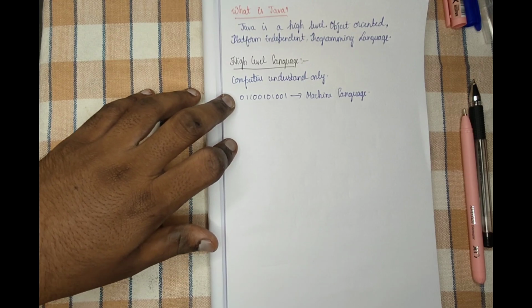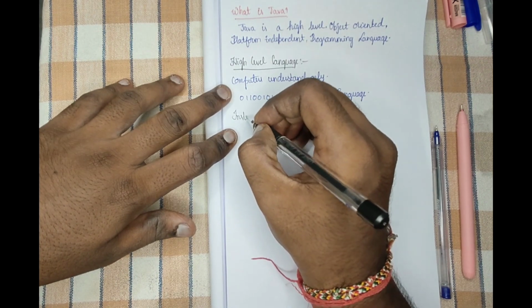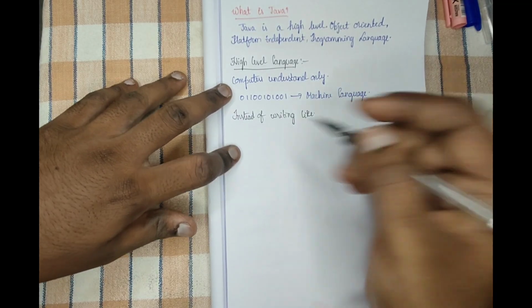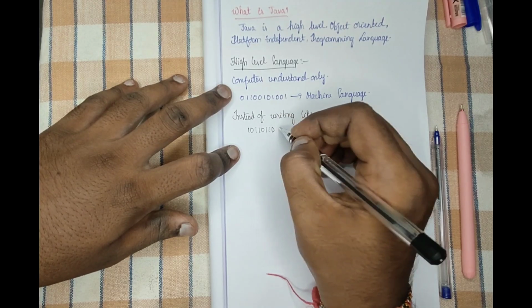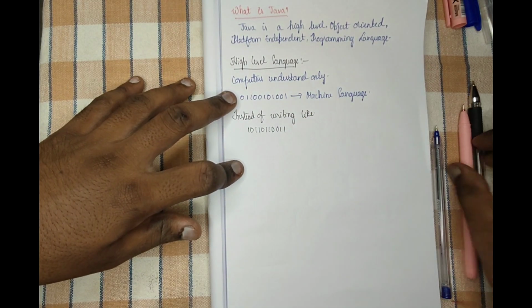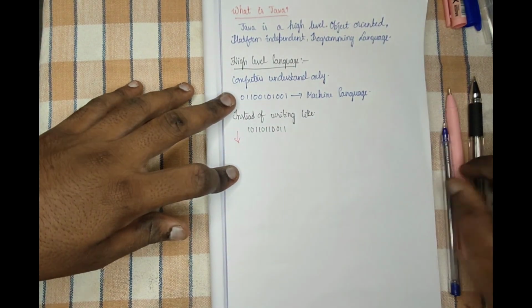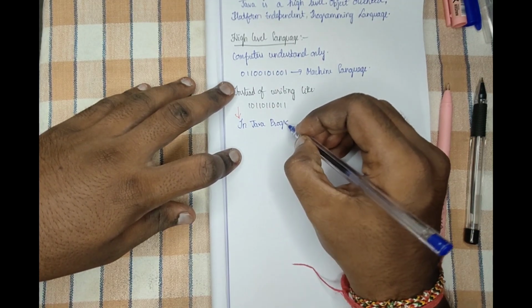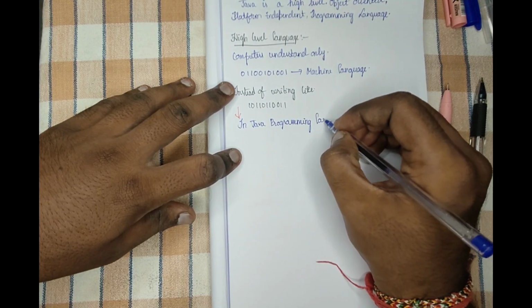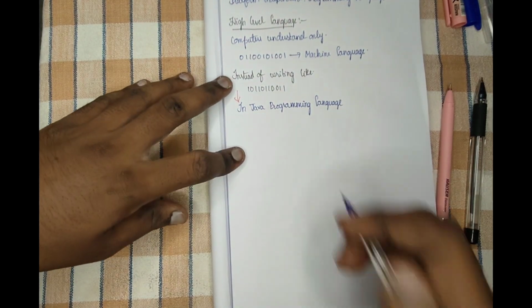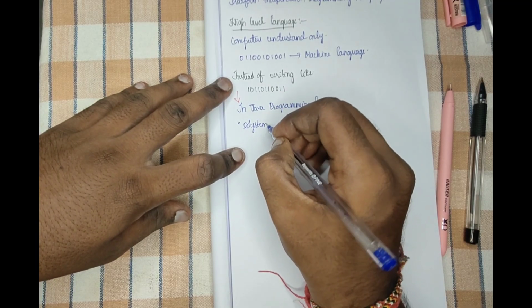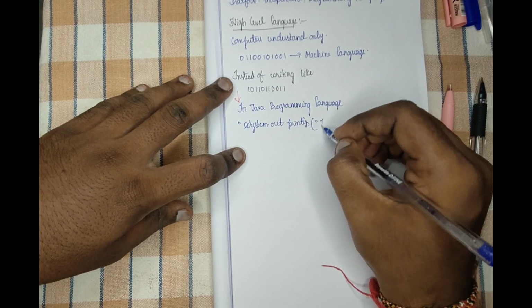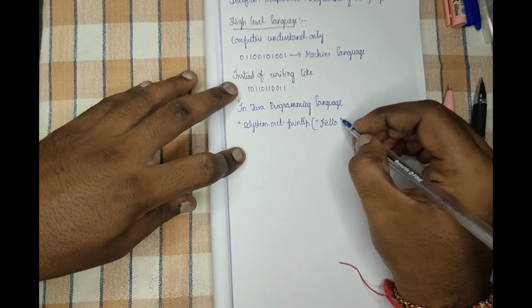For example, instead of writing 10110110011, in the Java programming language we simply write System.out.println("Hello World").